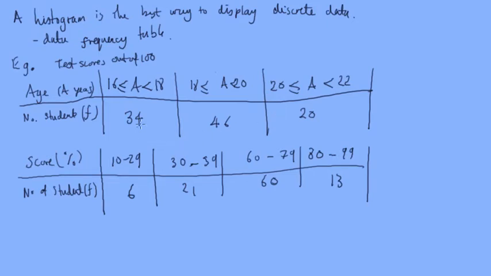The classes have an equal width of 2 years, so 18 take away 16 is 2. So the class width here is 2 years, which means we can represent the data in a frequency diagram by drawing 3 equal columns, with each column having heights equal to the class frequencies.